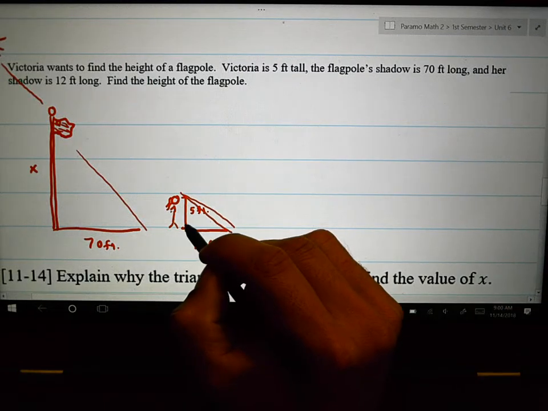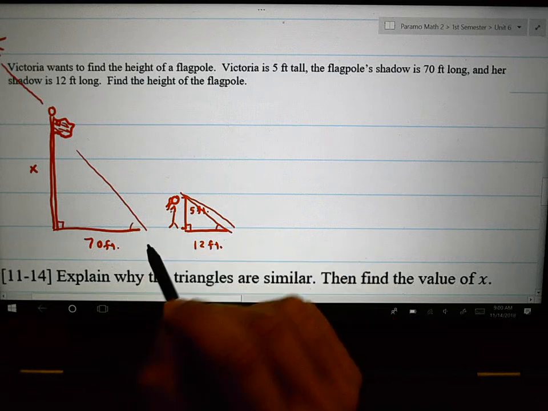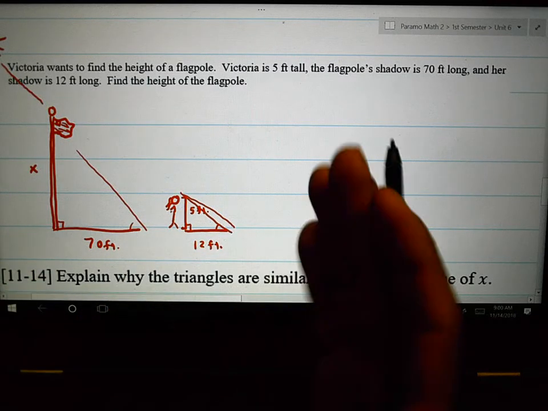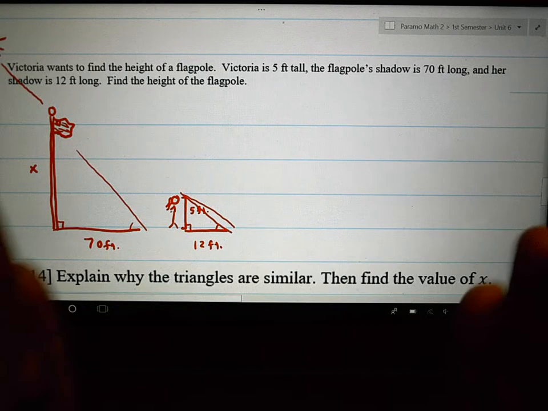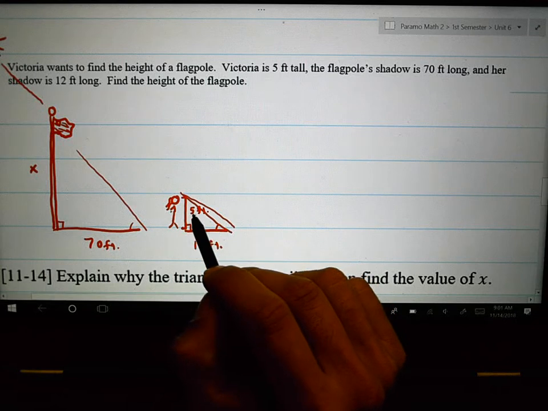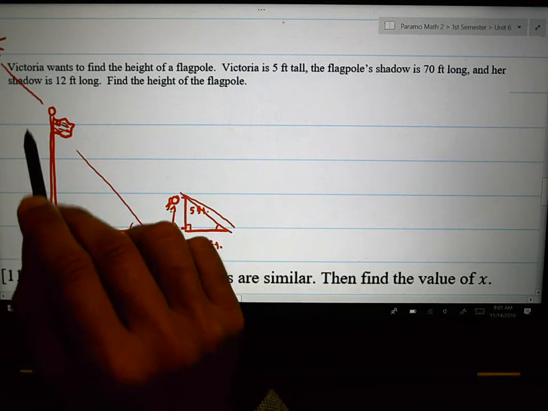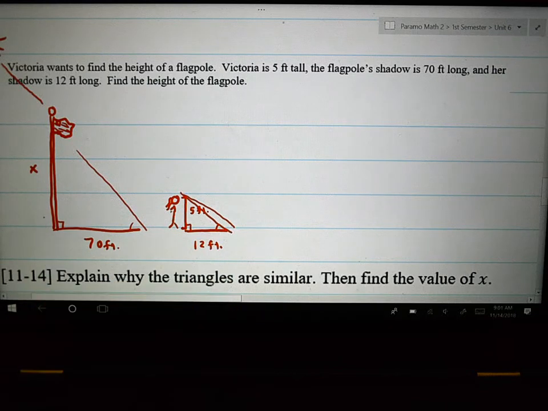If she's straight up and down and the flagpole is straight up and down, and we have that same angle, because the angles are the same, these two triangles are similar by angle-angle similarity. Which means if I go her height over her shadow, then I can figure out how tall the flagpole is over its shadow. That's how you could use this in real life. You could figure out how tall the redwood tree is based off of your shadow and the tree's shadow, as long as it's measured at the same time of day.